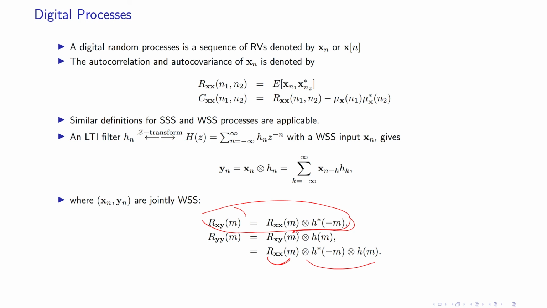So the Z transform of this random process is denoted by S_y(z), and if you calculate, it is equal to S_x(z), times the Z transform of this, which is H(z), and the Z transform of this is H conjugate of 1 over z conjugate.